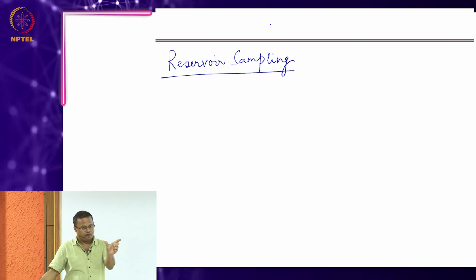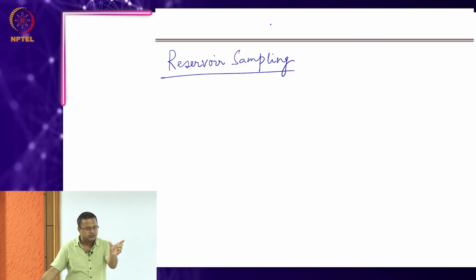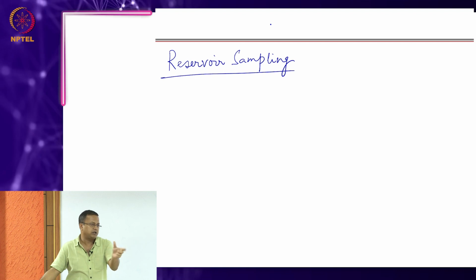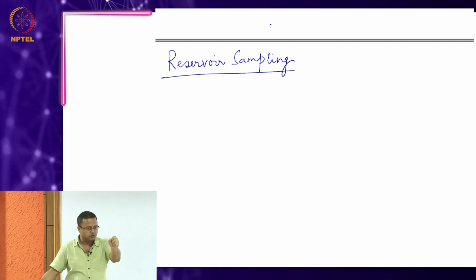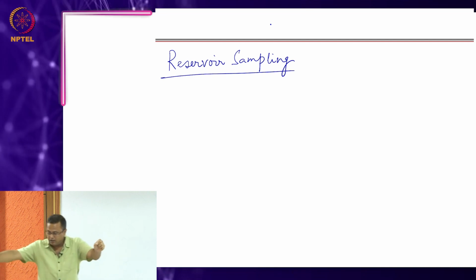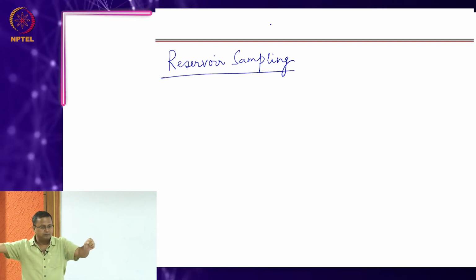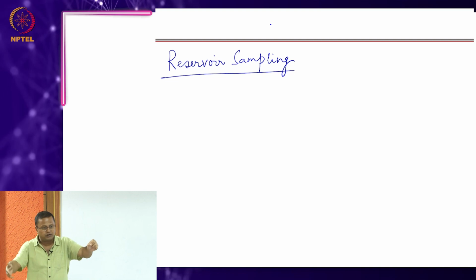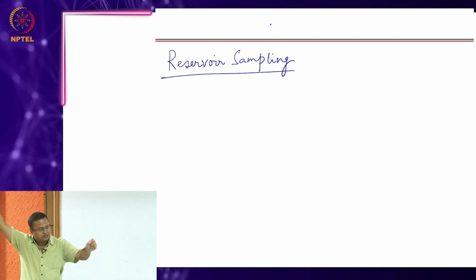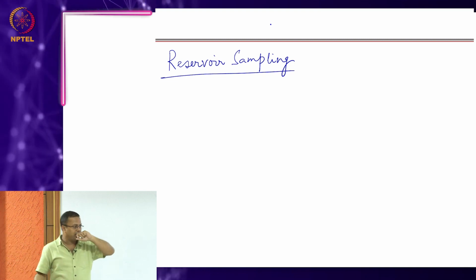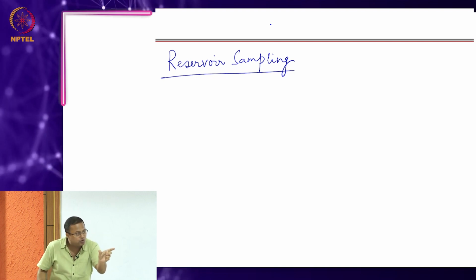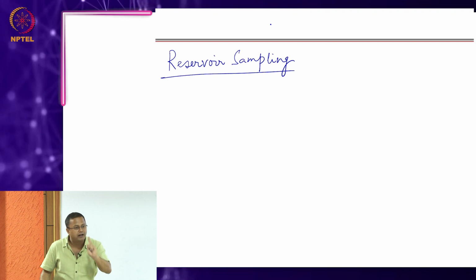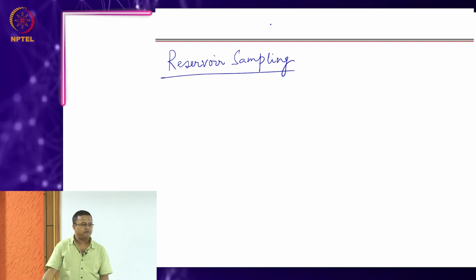It has a fixed size on its router board, so say of size k, that it knows, but it does not know the length of the stream. Someday it could be 1000, someday it could be 1 million, someday it could be 100 million, but the sample that it has to store has to be a uniformly random sample from that stream.